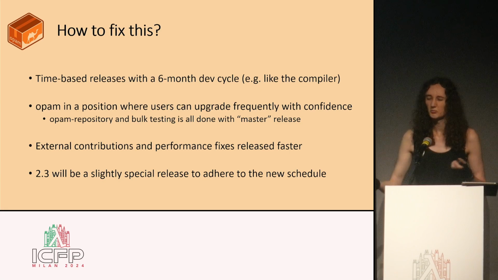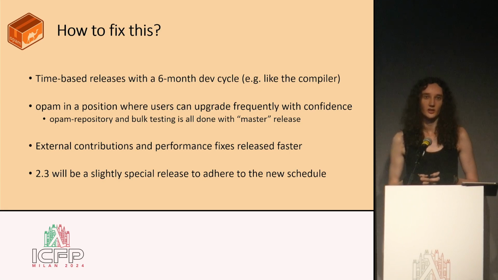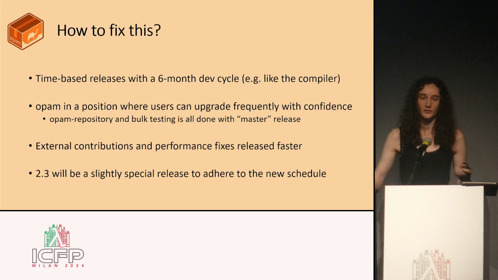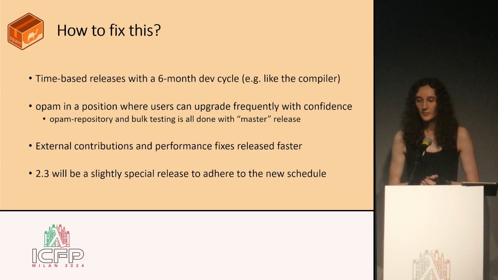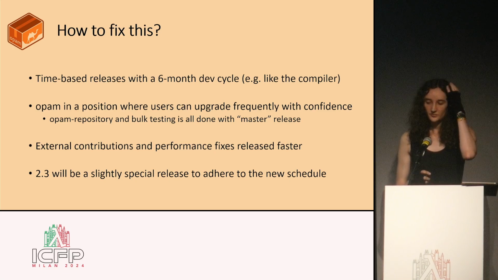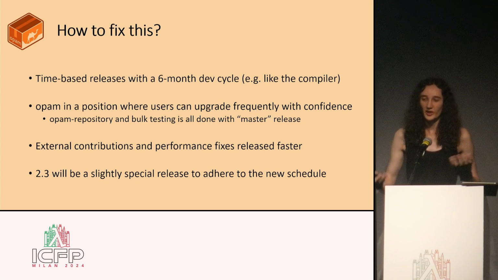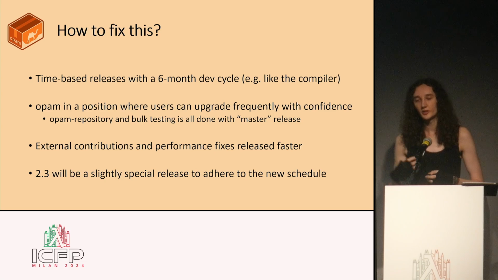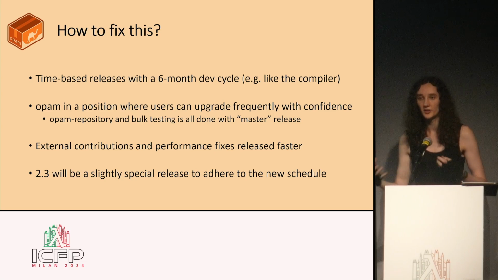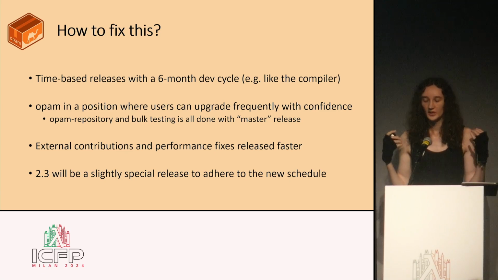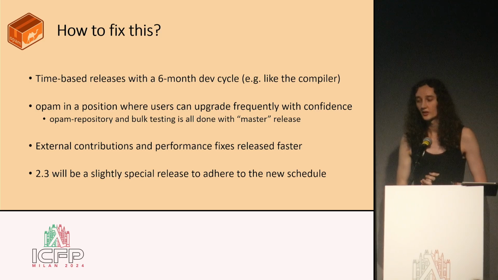We'd like to do around October, April kind of thing to avoid big vacations and so on, but this is the idea. And we're fairly confident in 2.2 we've added a lot of tests, and we're fairly confident that new PRs won't break things, hopefully.